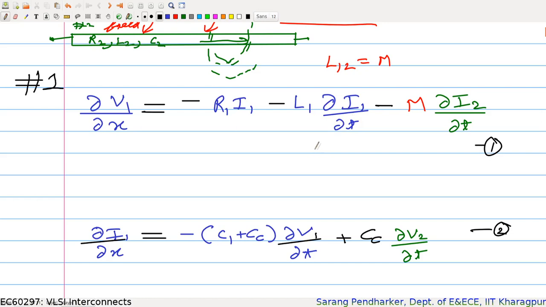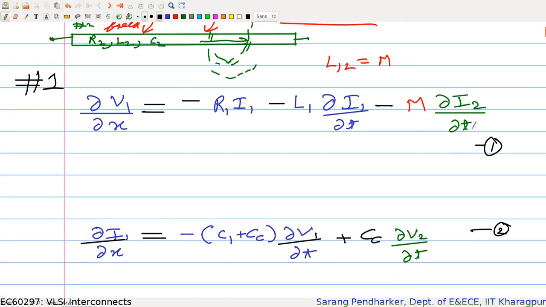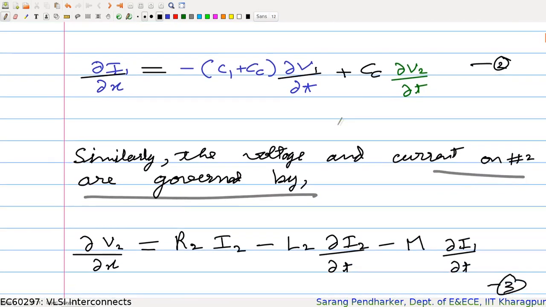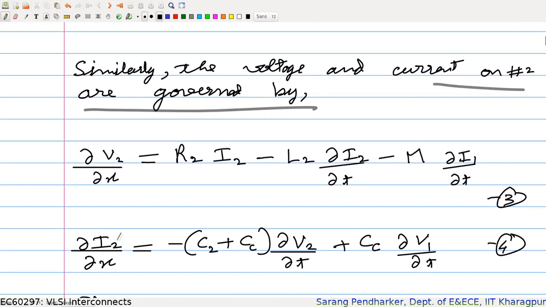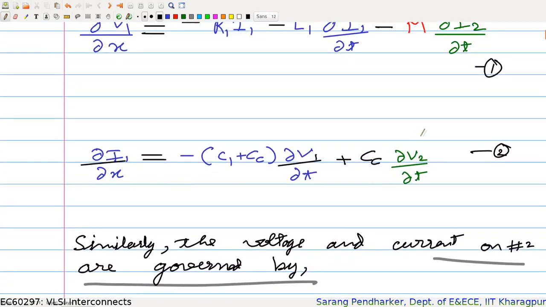But now it becomes a bit more complicated, because once you differentiate this with respect to x, you will also get a derivative of the current I2 in this equation. So for that you will have to use equation 4, take its time derivative and substitute that here.